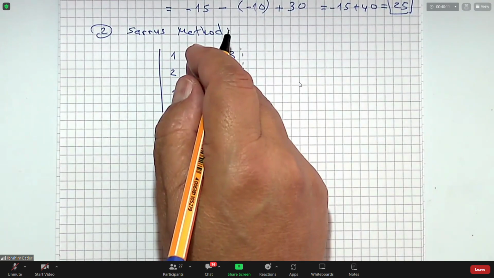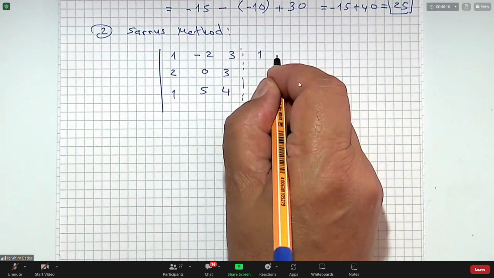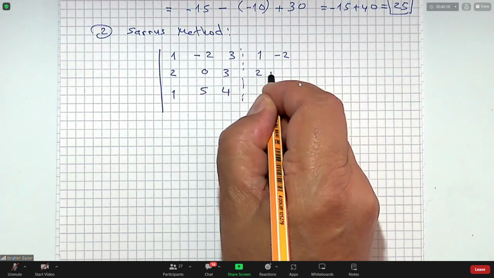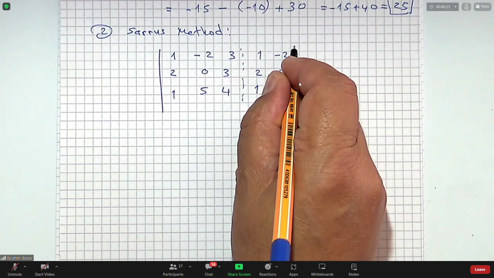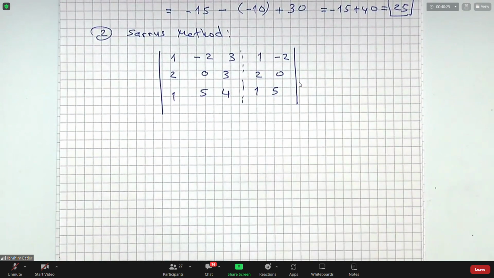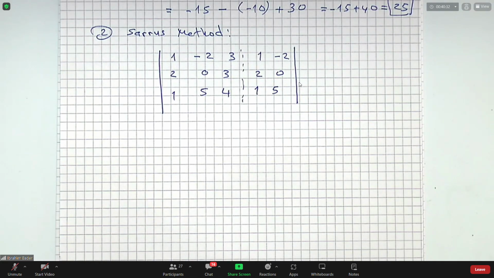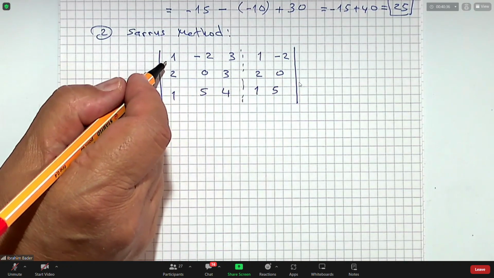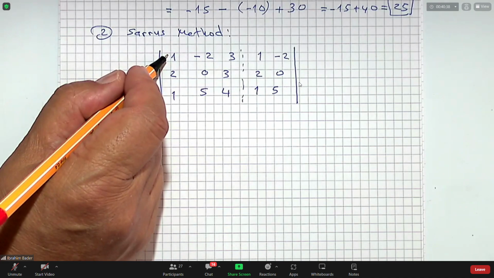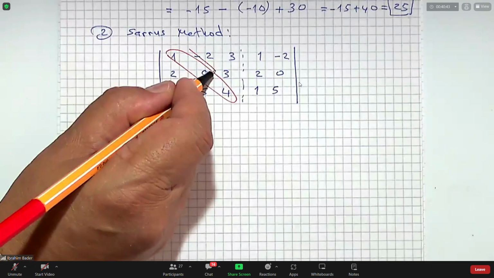I'm going to duplicate the first two rows. 1, -2, 2, 0, 1, 5. Now I will be having, I hope that I just placed them correctly. So this one here. 1, 2, 4. 2, 3.